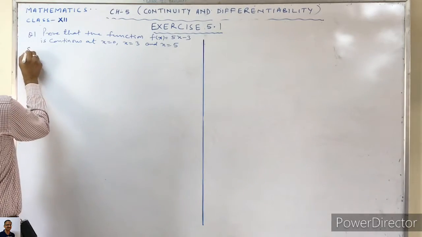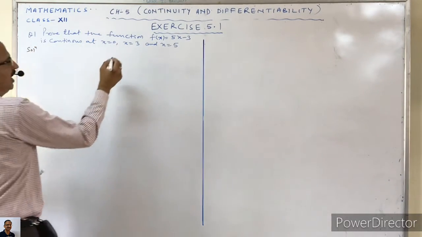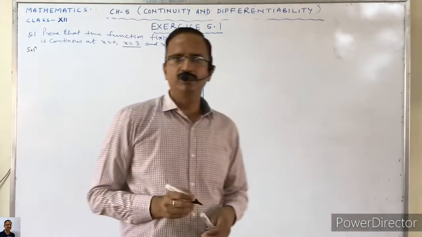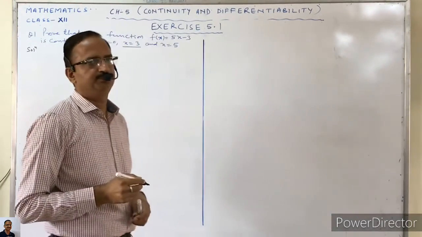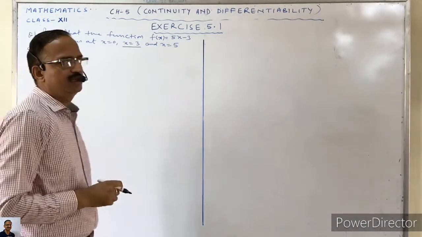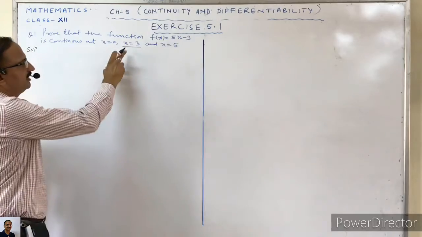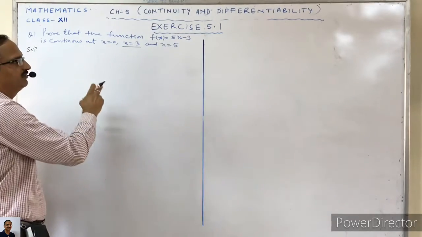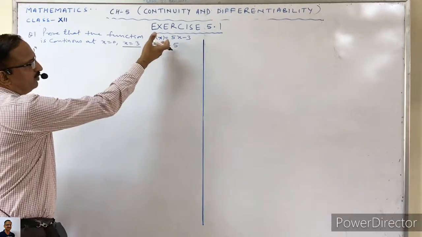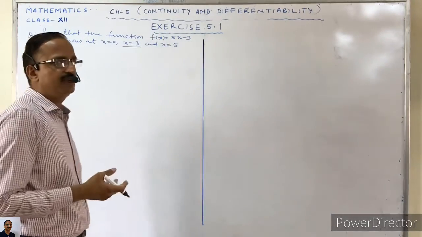So, out of these 3 points, I am considering x equal to 3. For the rest of the 2, the method will be same. Before we start this continuity, first of all we will check whether the function is defined at x equal to 3 or not. When we put x equal to 3, we will get a definite value.